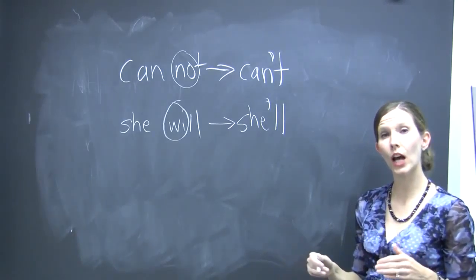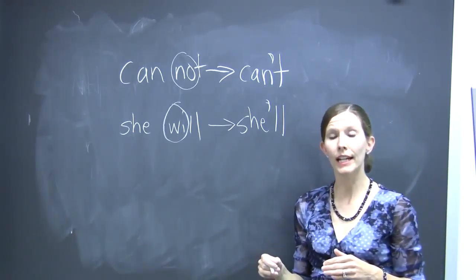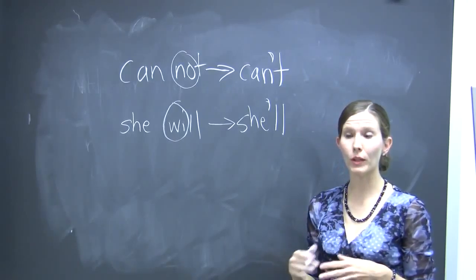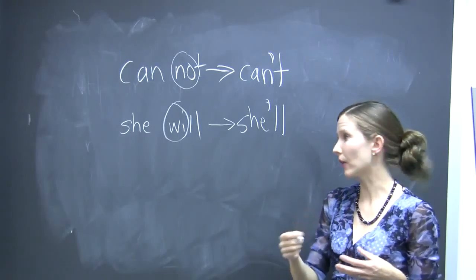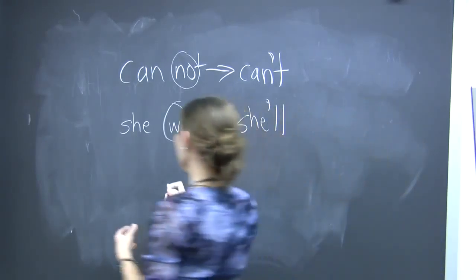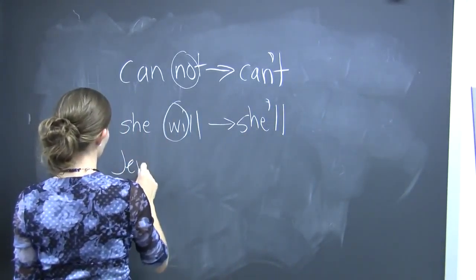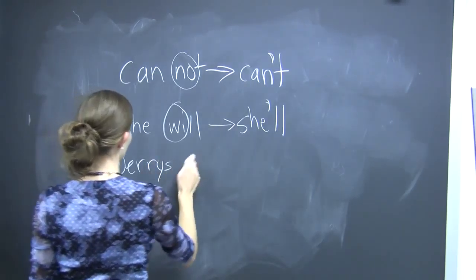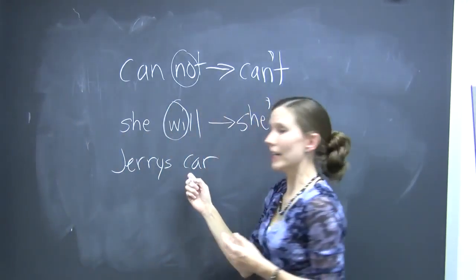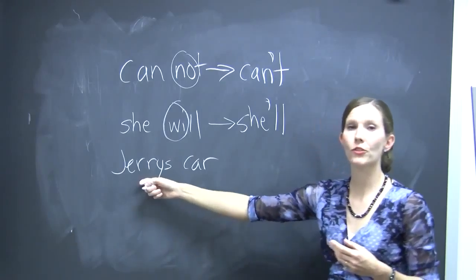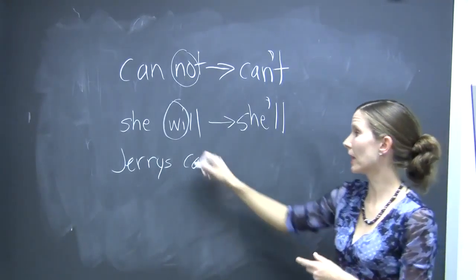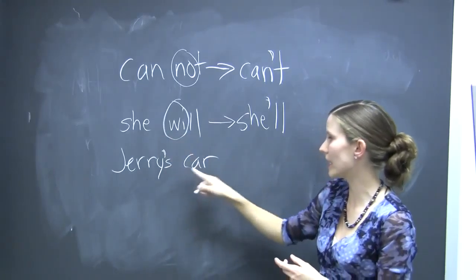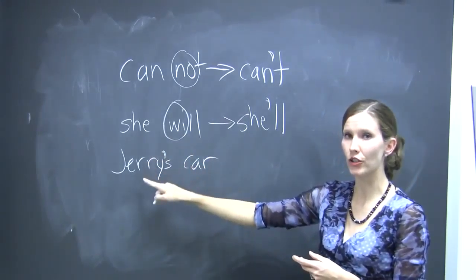The only other time you would use an apostrophe is if you are showing possession. Something belongs to someone else or something else. So for example, if the car belongs to Jerry, the way that I show to my reader that the car belongs to someone else is I put an apostrophe to indicate the car is Jerry's.